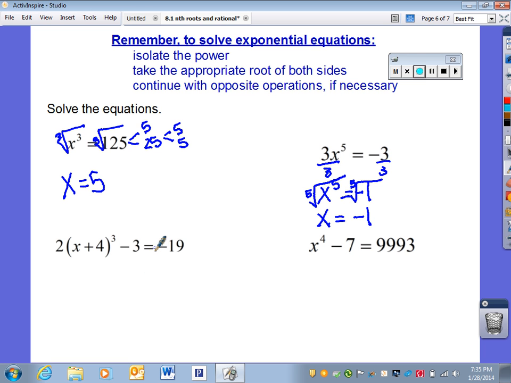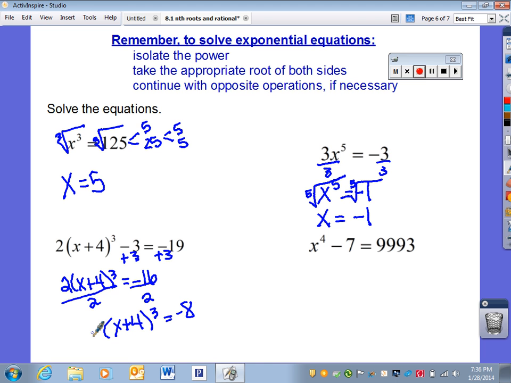In the next example, we want to add 3 to both sides. So then we have 2 times the quantity x plus 4 to the 3rd power is equal to negative 16. And then we're going to divide both sides by 2. So we have x plus 4 to the 3rd power is equal to negative 8.